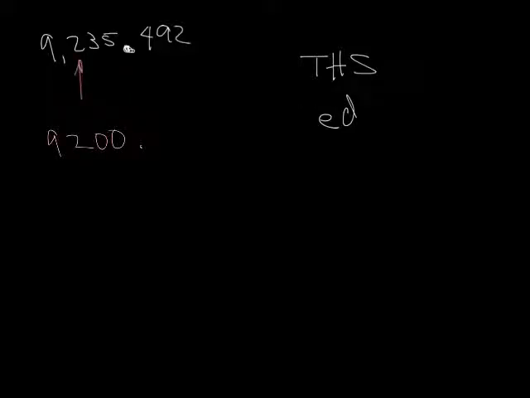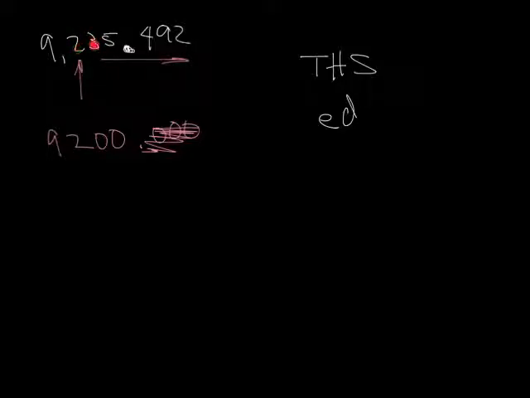And of course we have our decimal 0, 0, 0. Everything this way turns to zeros, but since a decimal with zeros after it doesn't really amount to anything, we'll just round it to 9200. So again, if we're rounding to hundreds, we look to the right. If that number is less than 5, then we just change everything over here to zeros, and that's it.